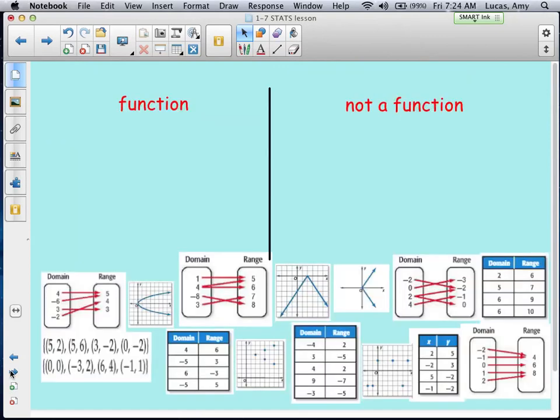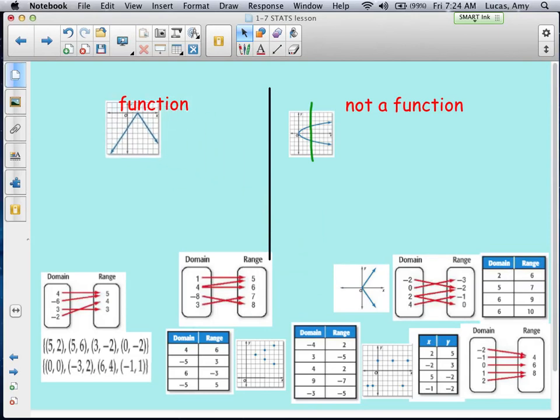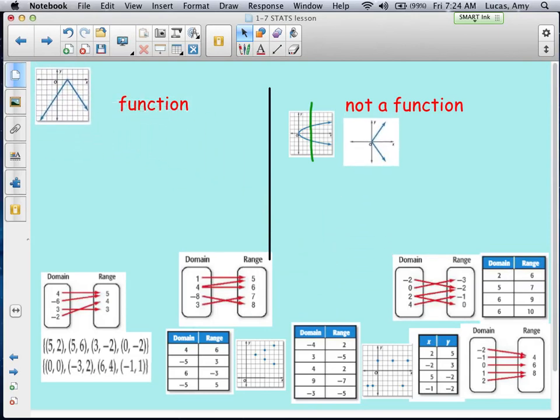Okay, now a review. This is a review from the first day. Can you tell if something's a function, yes or no? Students would come up and click and drag again. They always start with the graphs. This one fails the vertical line test. My vertical line touched 2 points. That's a failure. This one passes. This one fails.